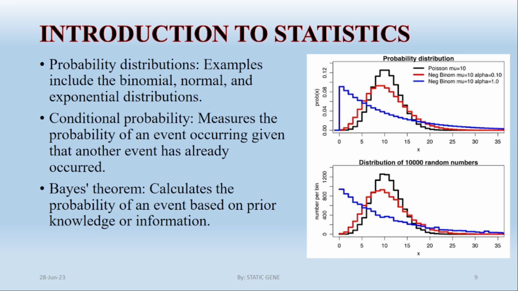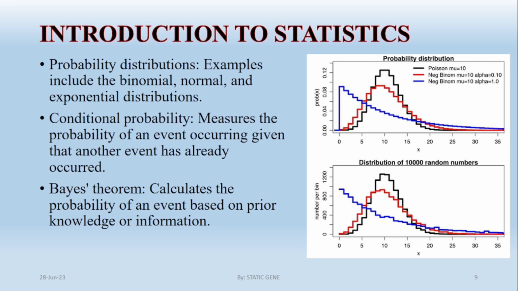This is where an event occurs when another event has already occurred. For example, what's the probability that you are going to carry an umbrella after seeing clouds forming? In that case, the cloud has formed, meaning your probability of taking an umbrella is based on the fact that you saw clouds forming. But also there is Bayes' theorem.